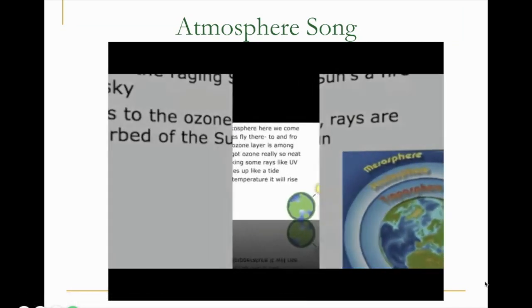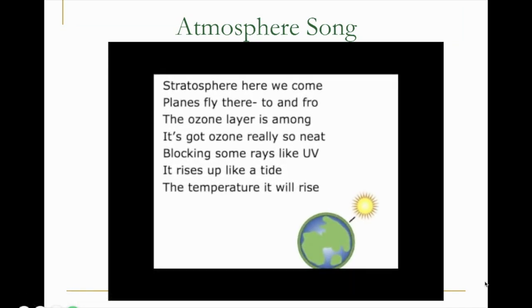Stratosphere, here we come. Planes fly there to and fro. The ozone layer is among. It's got ozone really so neat, blocking some rays like UV. It rises up like a tide.